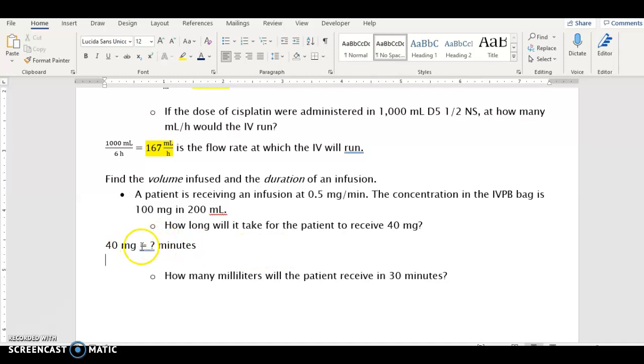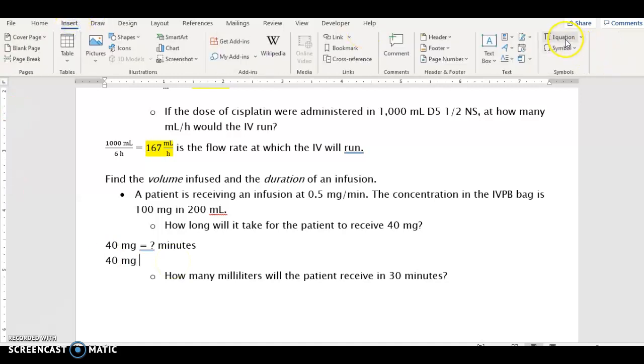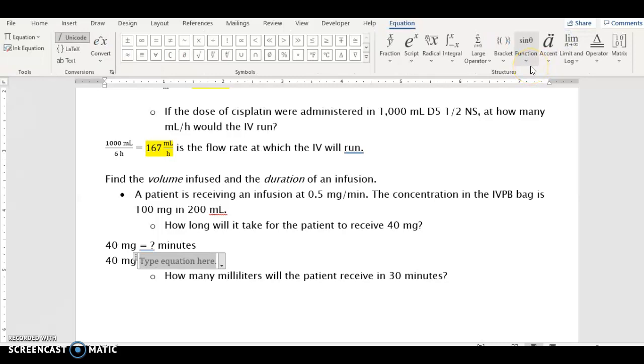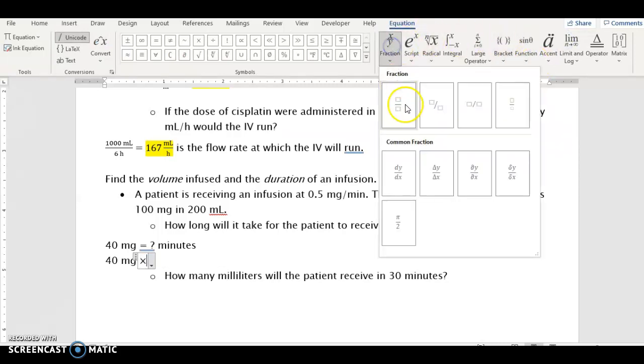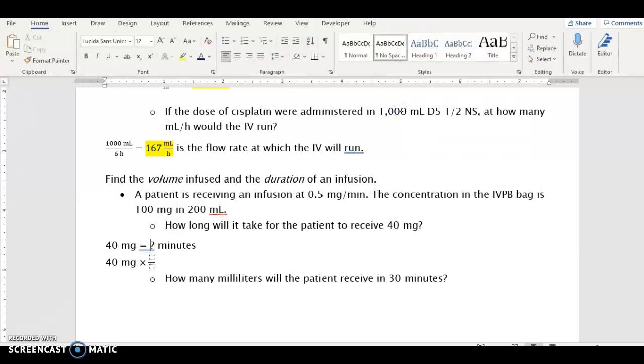Okay, so 40 milligrams is equal to how many minutes? All right, so we're going to take the 40 milligrams and multiply by 1 minute over half a milligram.